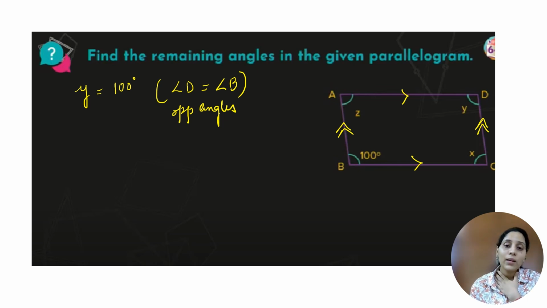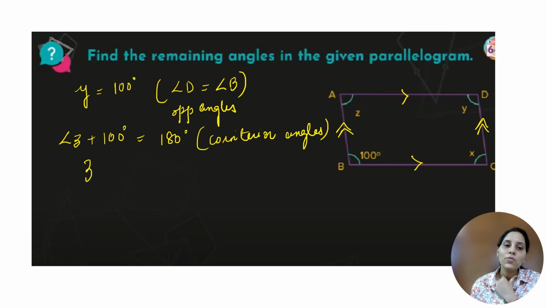Now, as we know that AD is parallel to BC and AB is a transversal, I can write that Z plus 100 degrees is equal to 180, co-interior angles. So from this, Z is 180 minus 100, which will be equal to 80 degrees.